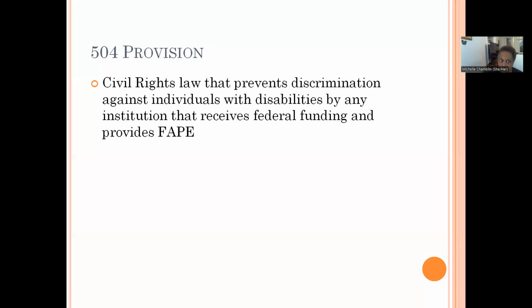So 504 provision, and you might have something called a 504 plan, where a committee, you might have a 504 committee in your school, make sure that they write out a plan for these students so that they're not discriminated against, and articulate what services or what are some of the things that we need to do to support them and make sure that we're not discriminating against them because of the disability that they have.